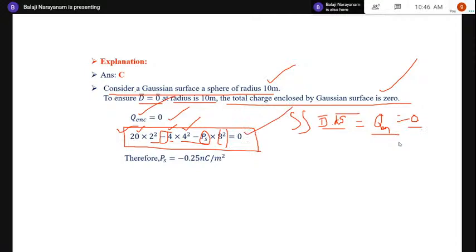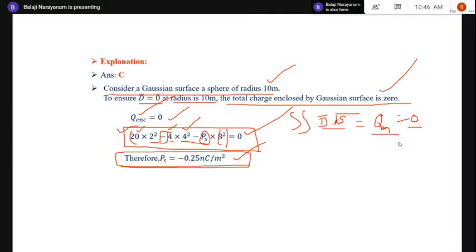As a result, you may find the value of rho s as 0.25 nanocoulomb per meter square. Do observe here that 10 power minus 9 nanocoulombs is common for all the charges.